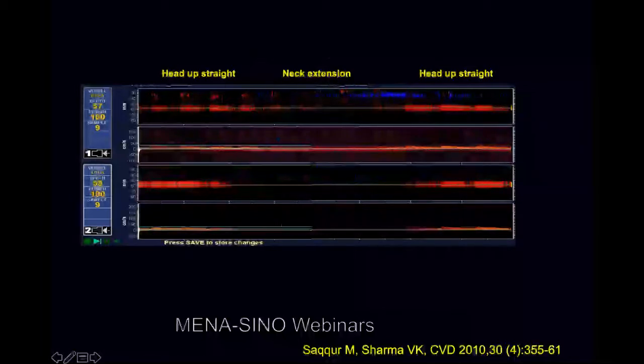His flow very much disappeared in neck extension and he became symptomatic. Then when he straightened his head, flow re-established in the bilateral BCA. We collected all these cases and got them published in 2010. What this demonstrated is that TCD is not only a diagnostic tool for the presence or absence of intracranial atherosclerotic disease, but it plays a role in defining the mechanism of stroke in its presence.